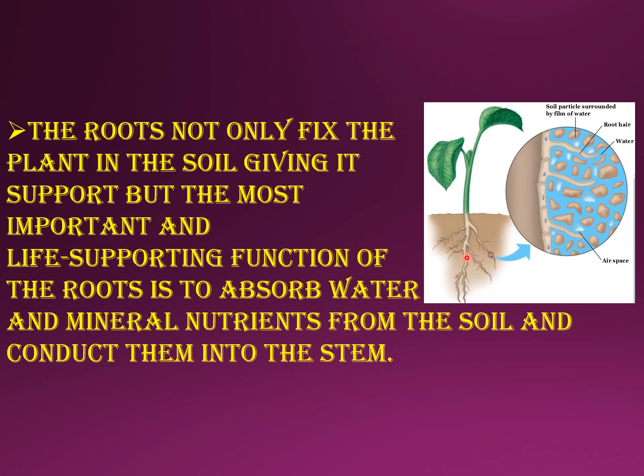The main conducting tissue is the xylem, which conducts water and minerals from the roots to different parts of the plant. And phloem conducts the prepared food from the leaves to various parts of the plant. So the lateral roots and the root hairs absorb water and minerals from the soil and conduct them into the aerial parts of the plant. The aerial part is just above the soil, which is phototropic in nature.